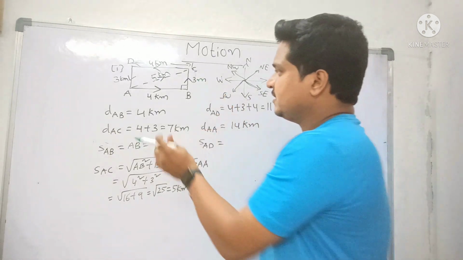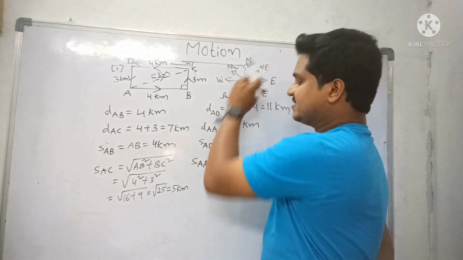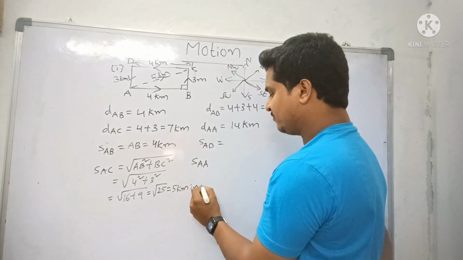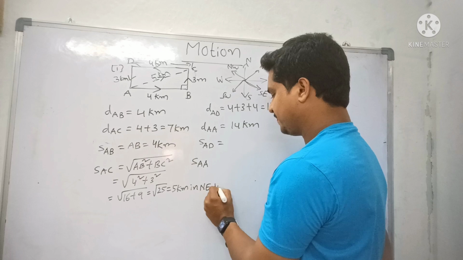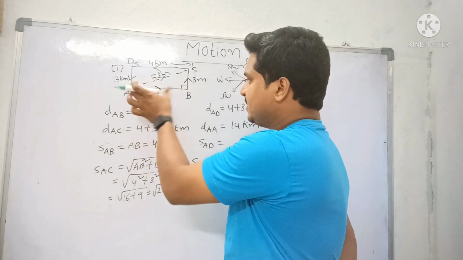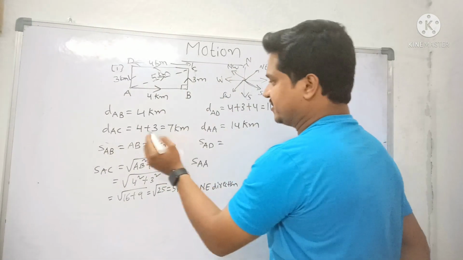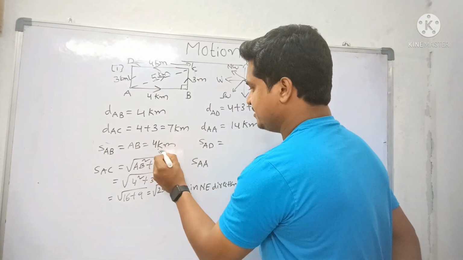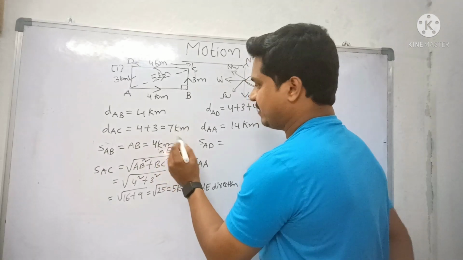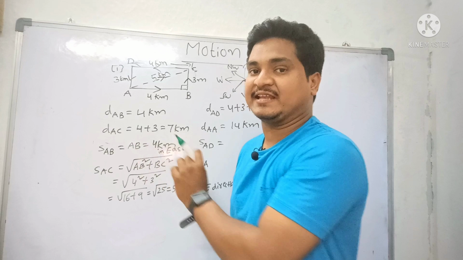Here from the figure, the particle is traveling from A to C, so we need to consider the northeast direction. And for A to B, the direction will be east. Why? Because displacement is a vector quantity having magnitude and direction also.